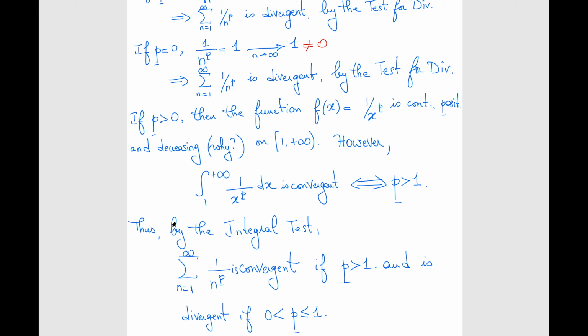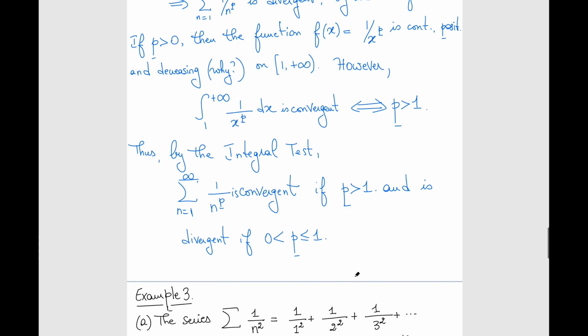And if p exceeds 1, then the series is convergent. So when p is less than or equal to 1, it doesn't have to be positive. If you combine all three together, if p is at most 1, then the series is divergent, and if p is bigger than 1, then the series is convergent.